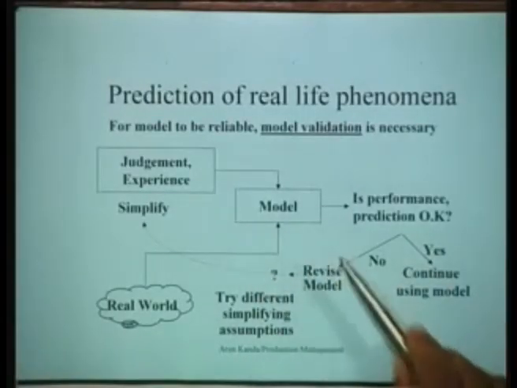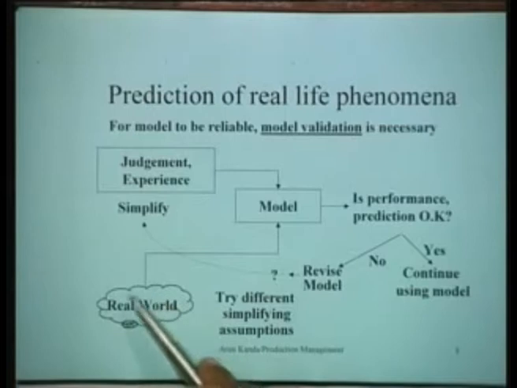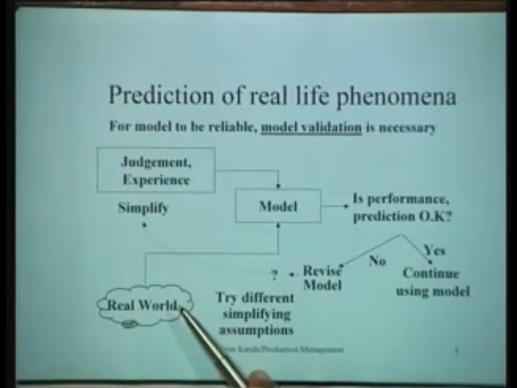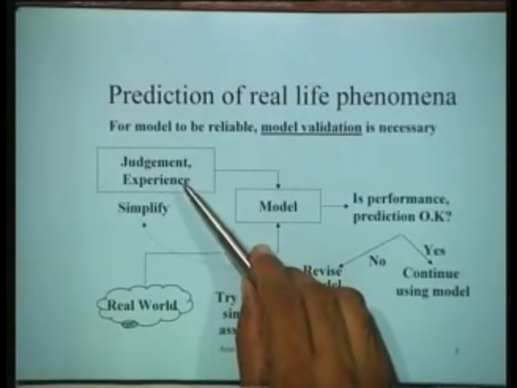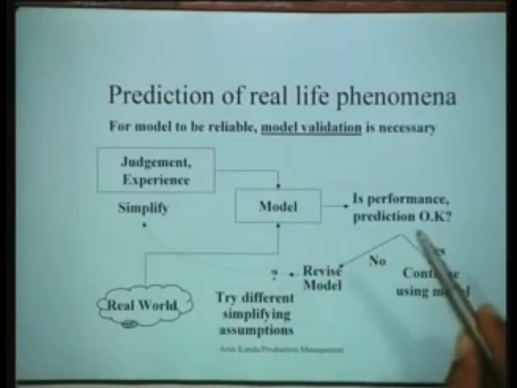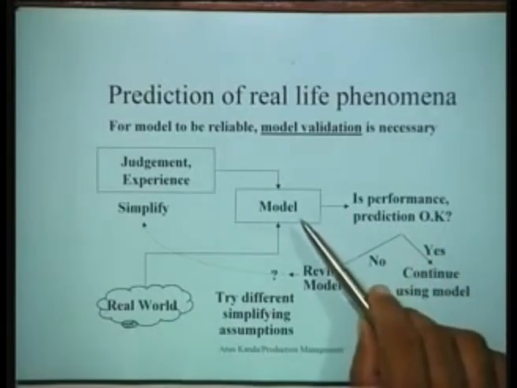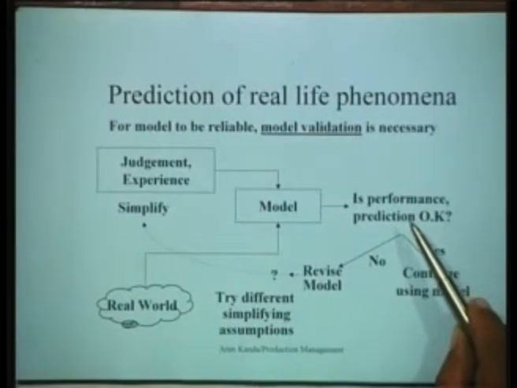This diagram actually summarizes the process by which you would make a model. There is the real world which you are interested in studying or capturing, and in order to study the real world you might have to use your judgment and experience, and on the basis of these two things you come up with a model, and this model is then used for purposes of predicting performance of the real life system.